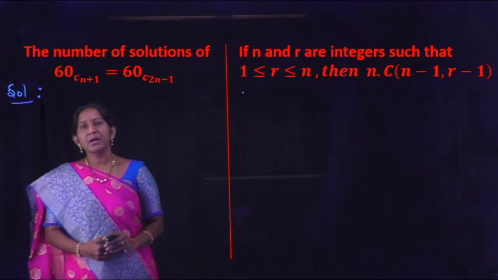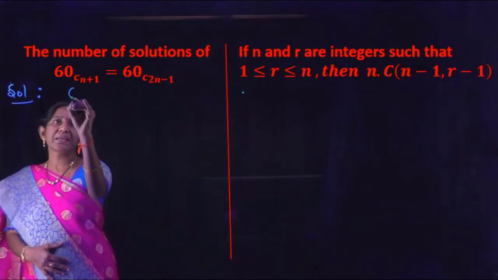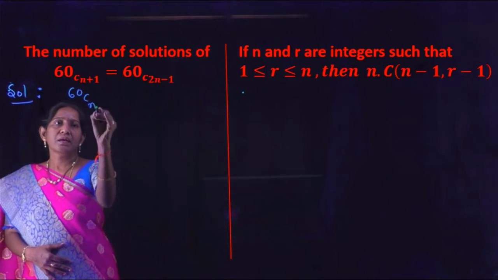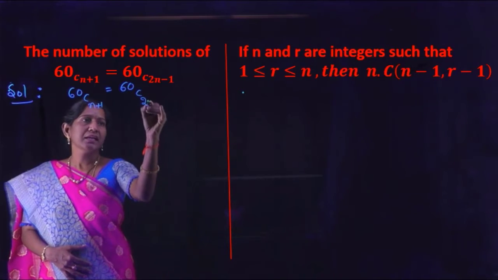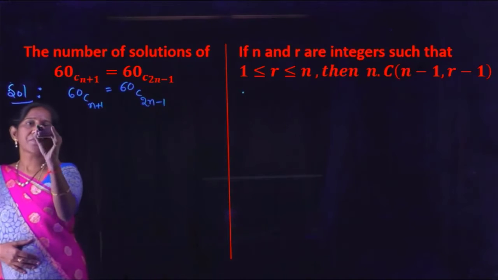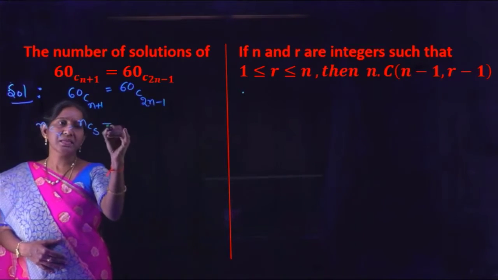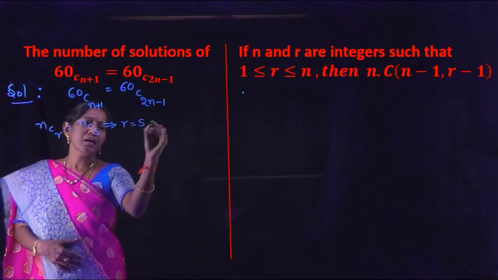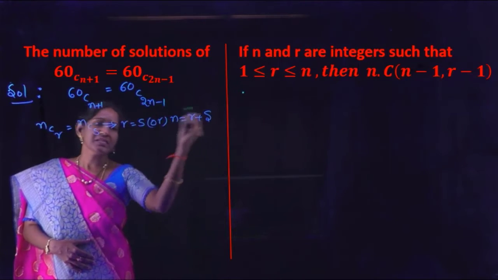The number of solutions of 60C(n plus 1) equal to 60C(2n minus 1). So, this is of the form nCr equal to nCs, then r equal to s or n equal to r plus s.